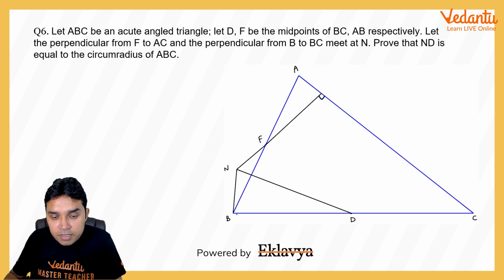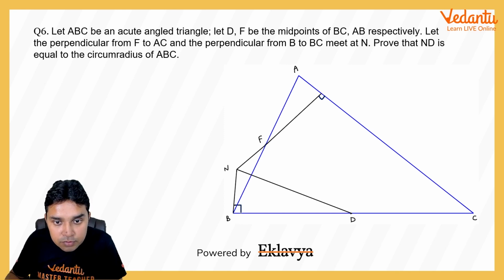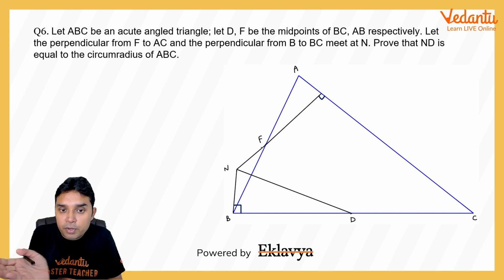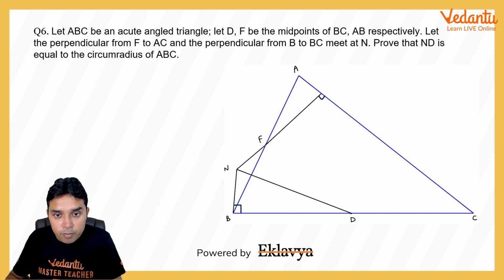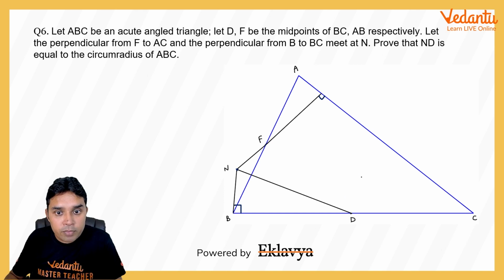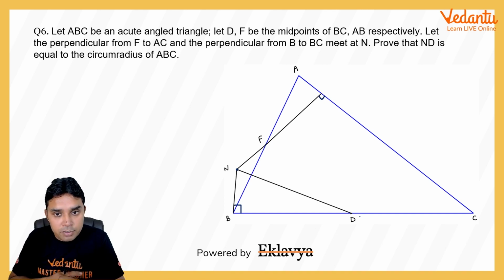So there is a line passing through B perpendicular to BC this way, and they meet at N. You can see this perpendicular from F to AC has to be produced backwards, so that the perpendicular to BC passing through B meets it. This is how point N will be constructed. Now we have to prove that this ND length is equal to the circumradius of triangle ABC.